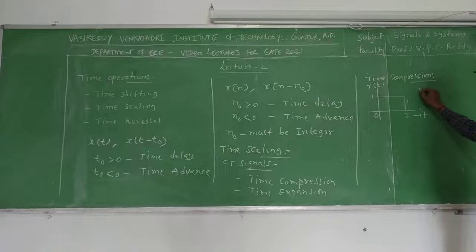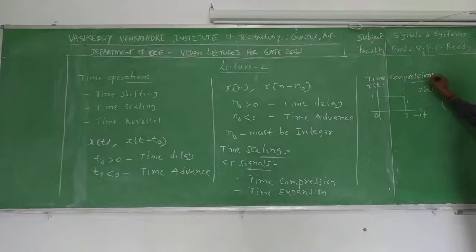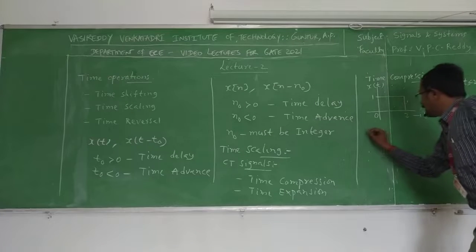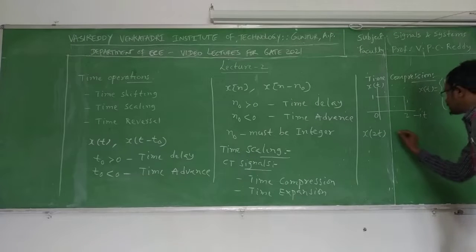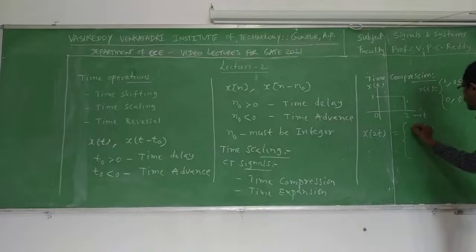First we write this x of t in terms of function form or mathematical form. Already we discussed these two representations: this is the graphical representation, and this is the function or mathematical representation. So x of t is equal to 1 for 0 less than or equal to t less than or equal to 2, 0 otherwise. Now I need x of 2t. What does x of 2t mean? In place of t we have to put 2t: 1 for 0 less than or equal to 2t less than or equal to 2, 0 otherwise.